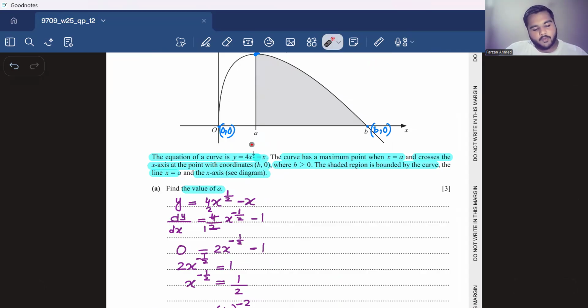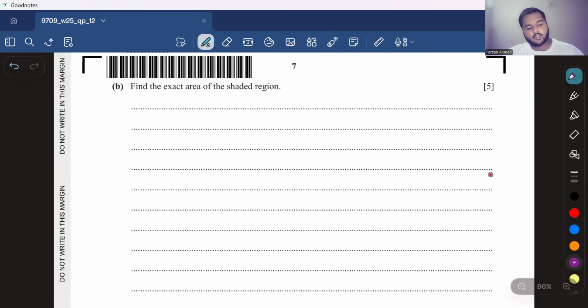First of all, when we are going for integration, we will write the integration sign and apply the limits. The limits will be b and a, and the equation is 4x to the power 1 upon 2 minus x, dx.